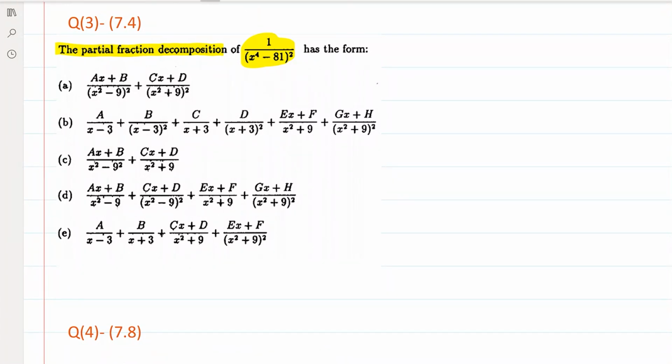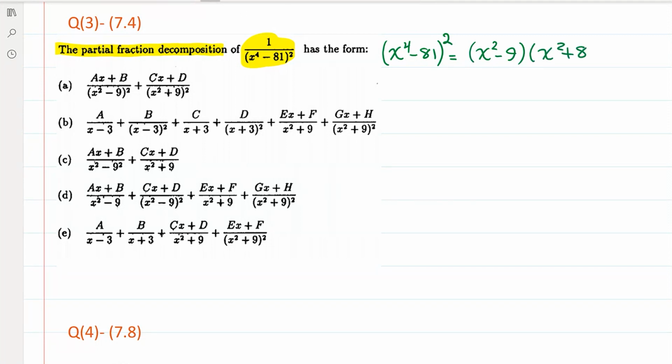First, x to the power 4 minus 81 is equal to x squared minus 9. Okay, so you start factorizing the denominator. So x to the power 4 minus 81, how do you factorize it? It's x squared minus 9 multiplied by x squared plus 9.